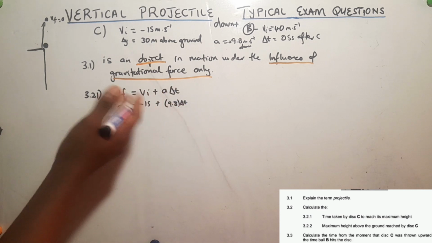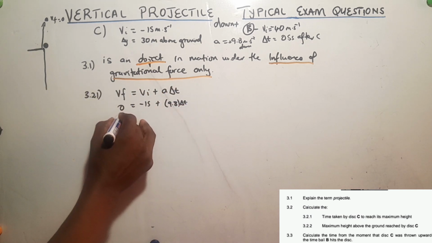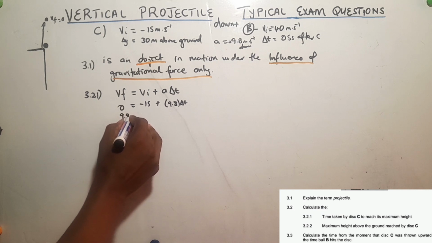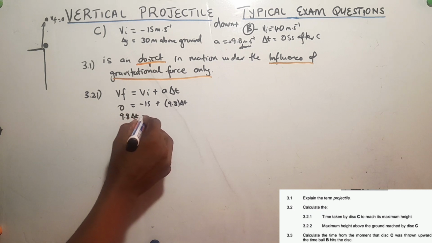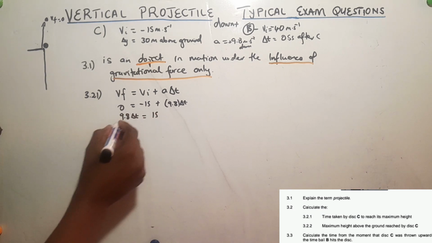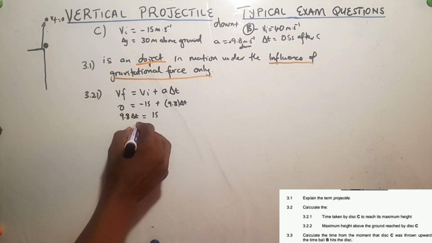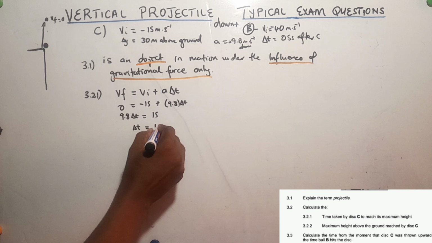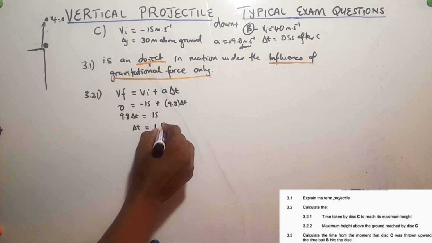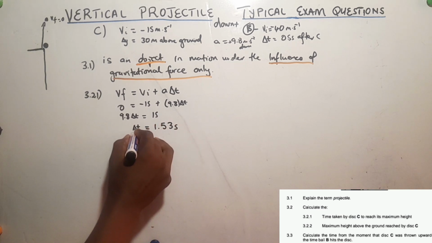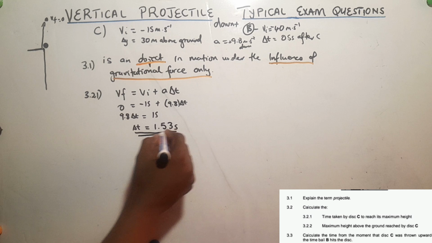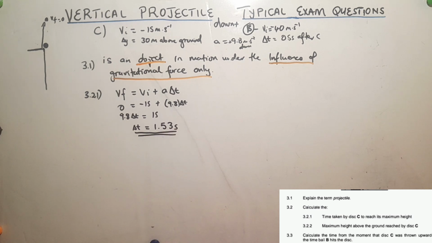We can bring this to that side or however you wish to do. So our 9.8 change in time will be equal to 15. And we can divide both sides by 9.8. So our time now becomes 1.53 seconds. So it took 1.53 seconds to get to the maximum height.